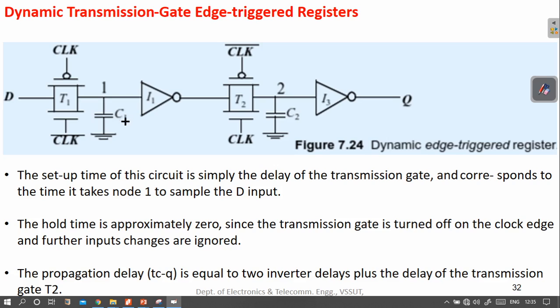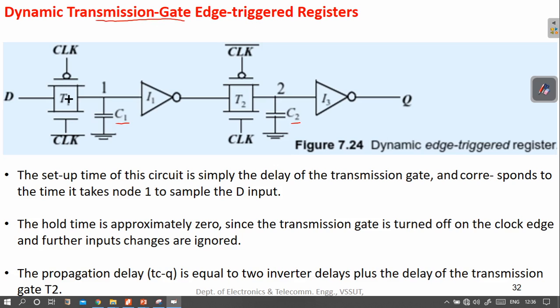The parasitic capacitors C1, C2 are present, and there is no feedback connection from output back to the input. So you can recognize that this is a dynamic circuit, basically a dynamic transmission gate, because it is using a transmission gate as triggered register.